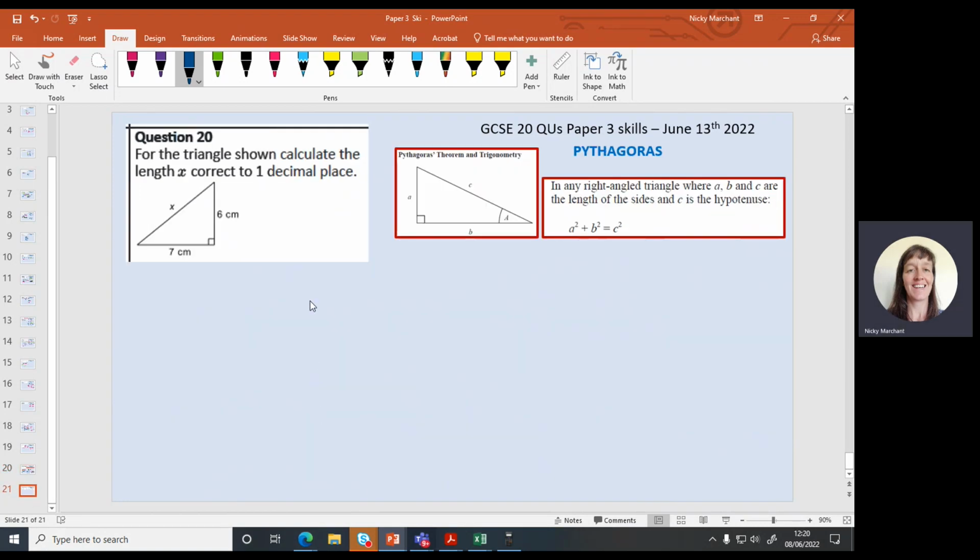The last question is Pythagoras. Now, this is what I would call a forward Pythagoras, which means I am using the formula in the way it's given to you in the exam. This is because we're finding the long side here.